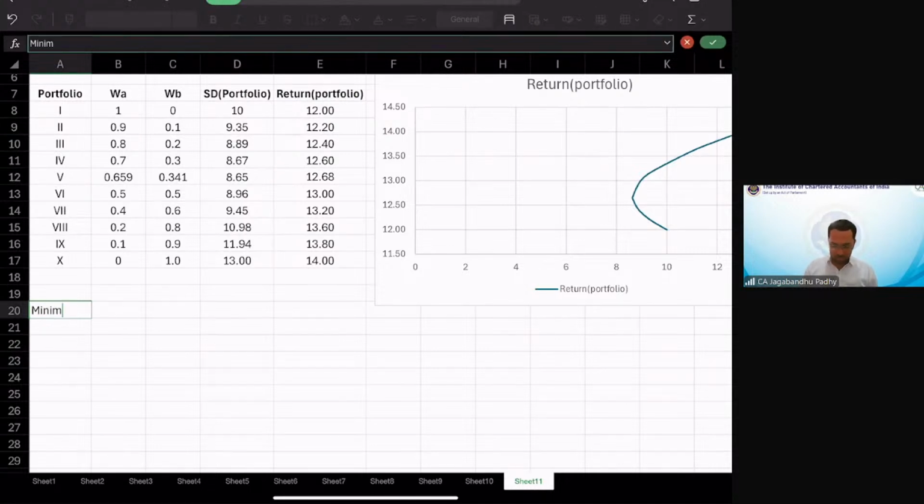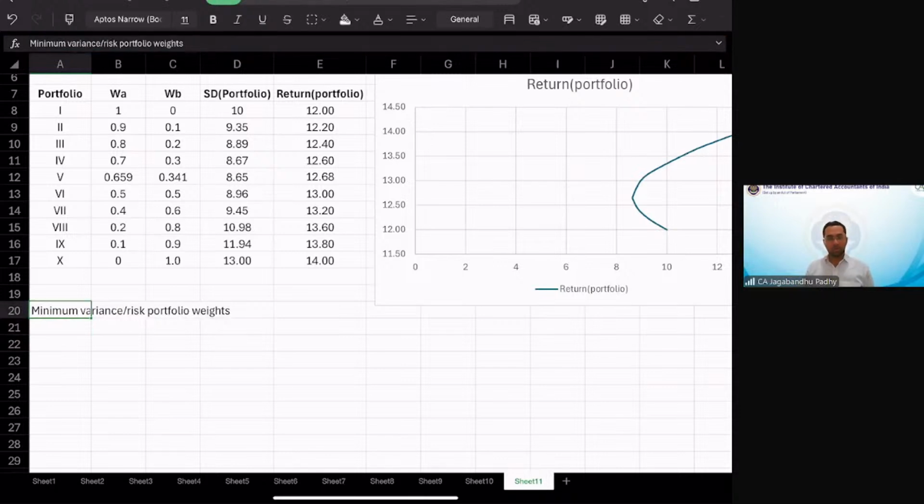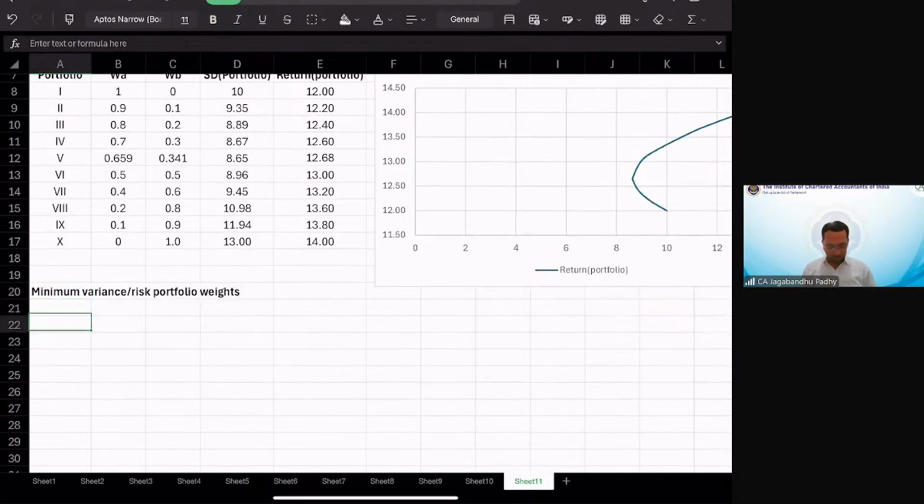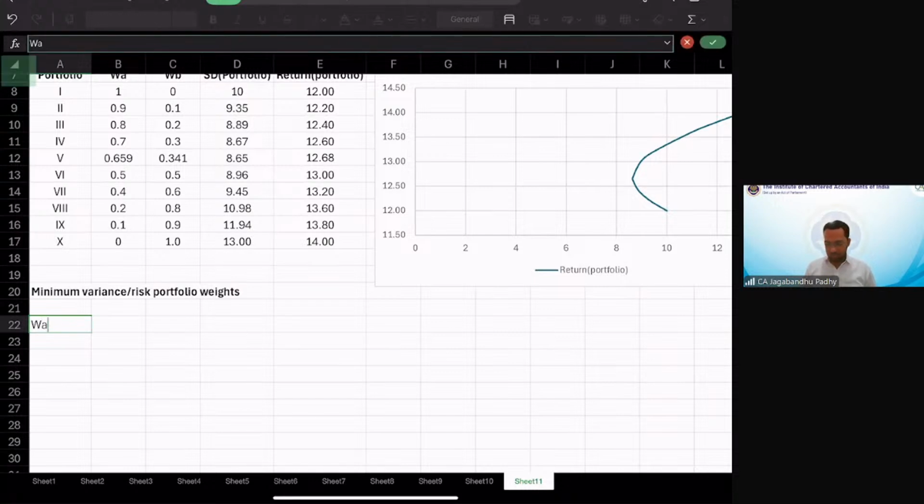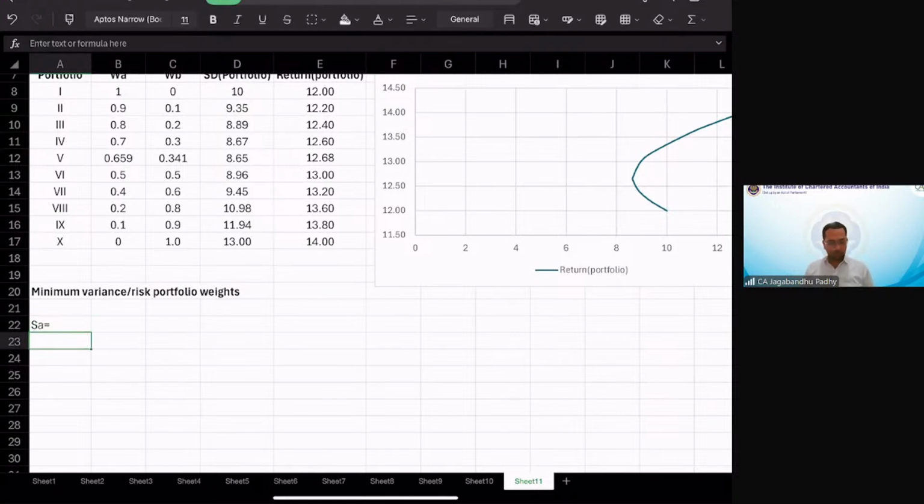The minimum variance, or you can say minimum risk portfolio weights. The formula to calculate the minimum variance risk portfolio weights is, if you want to calculate the weightage of A, that can be computed as, let me just write it.